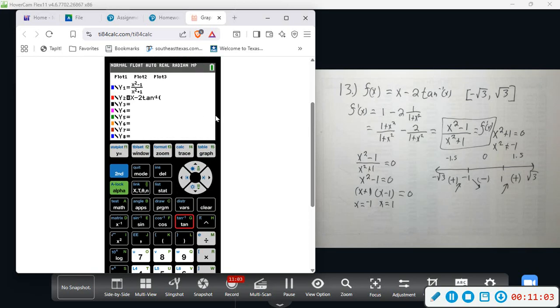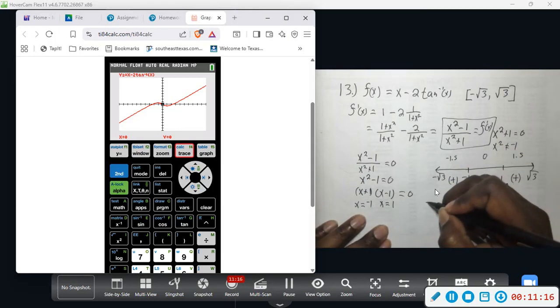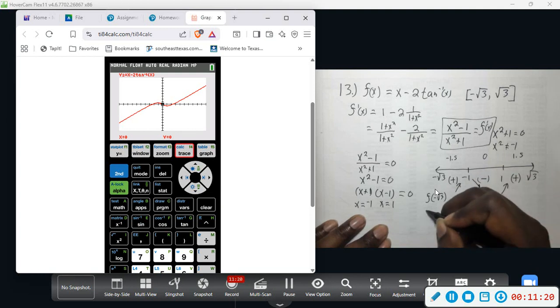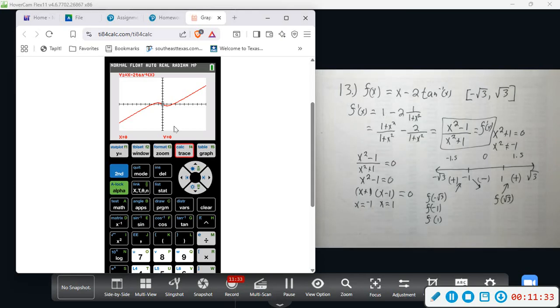Gives me the tan inverse of x. Alright, so I graph this. Hit trace. And then I'm going to input each of these values so I can see what we're looking at as far as maximum and minimum value. So I'm looking at f of negative square root of 3, f of negative 1, f of positive 1, and f of square root of 3. Okay. So I'm just going to type those in.